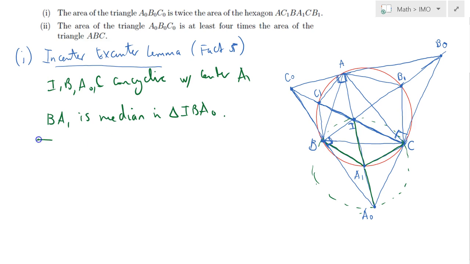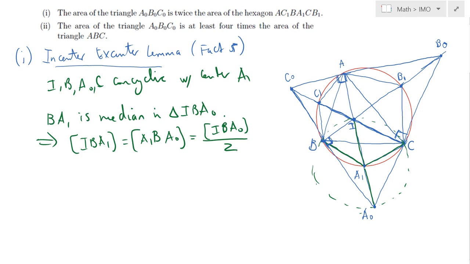IBA0. As a result, this would imply that the area of IBA1 is simply equal to the area of A1BA0, or if you will, that's also equal to half of the area of IBA0.